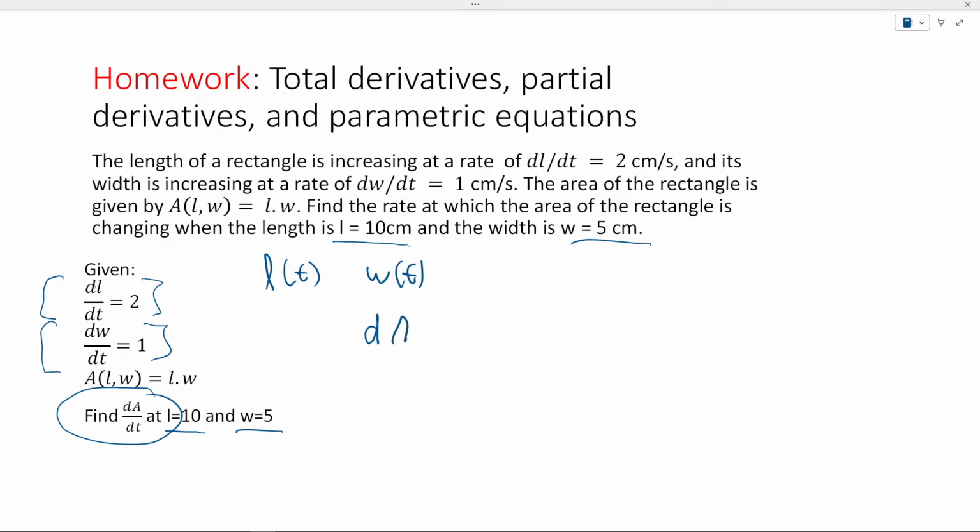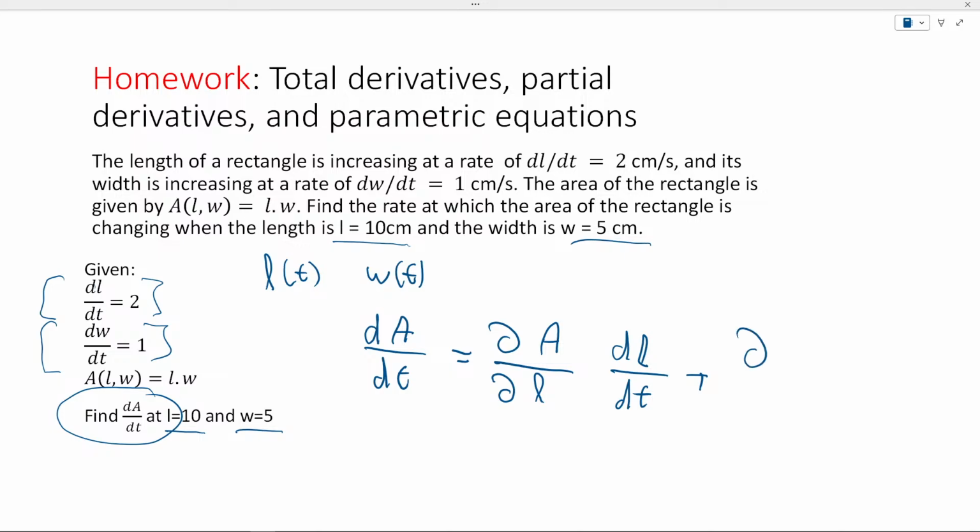We know dA over dt is partial A, like how A is changing with respect to L, and then delta L with respect to delta t, plus partial A with respect to partial W, and then how W is changing with respect to t.